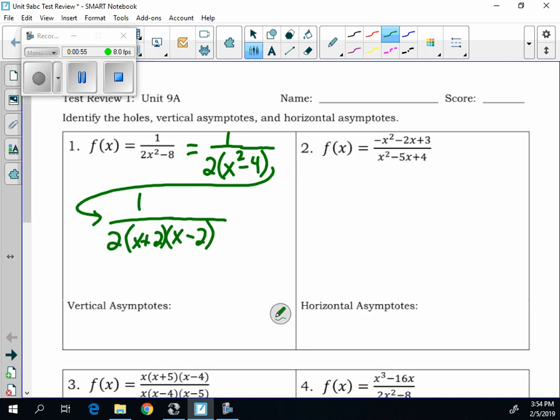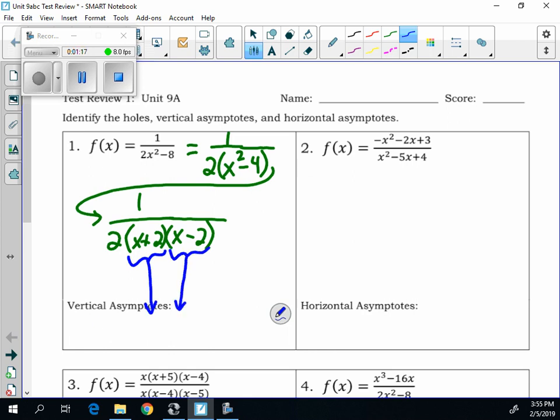Now for vertical asymptotes, you first look to see if there's anything in the numerator and denominator that you can cancel out. And there's not. There's a 1 in the numerator, nothing else, nothing can simplify. So then you look at which factors have x's. You have x plus 2, that's going to be part of your vertical asymptote, and x minus 2.